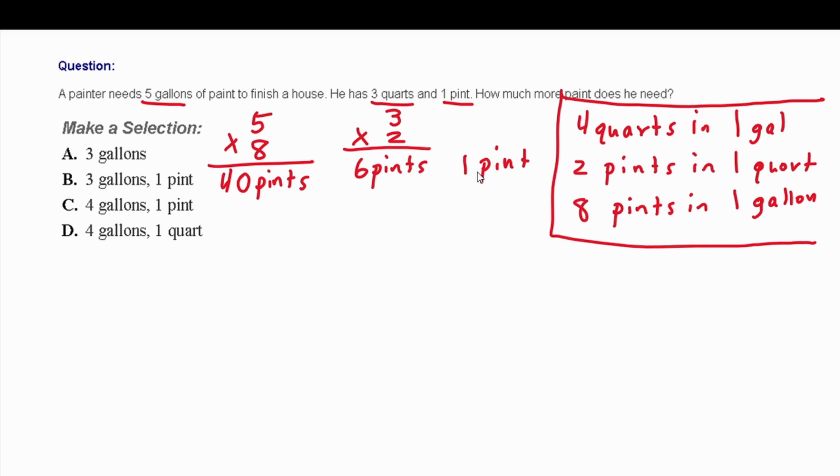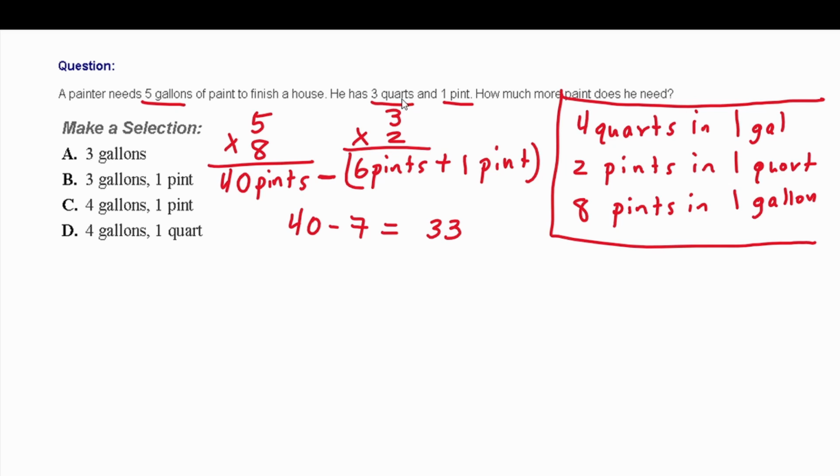So what we need to do is add these two together, notably 6 pints and 1 pint, and subtract that from 40. So that's going to be 40 minus 7. Again, 6 pints plus 1 pint is 7 pints. 40 minus 7 is going to be 33.